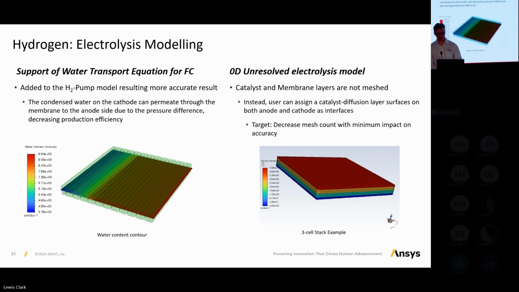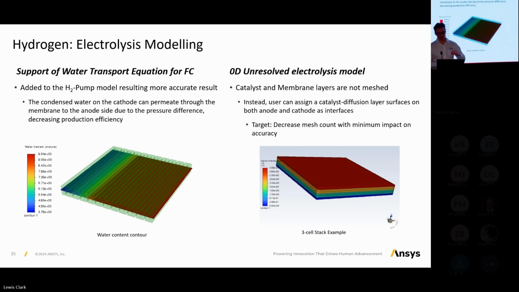Onto electrolysis, there's been quite a few improvements in the electrolysis space. Just two examples here. One is the effect you can get when you have water condensing on the cathode, which is now accounted for. One that's quite useful to anyone trying to do these as well is this 0D approach.